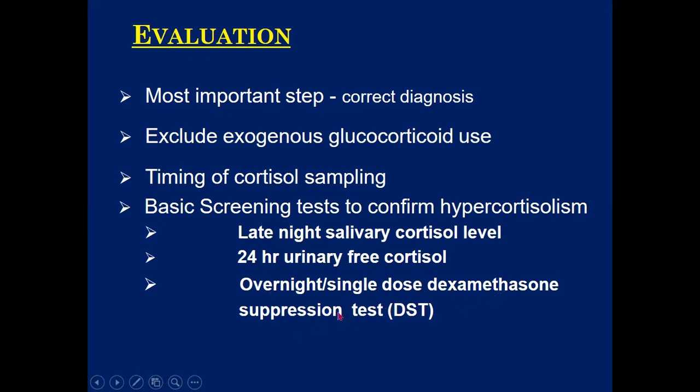In this test, we just give one tablet of dexamethasone and measure the level of the cortisol next day at 8 a.m. If there is suppression, then it can be documented that the patient is not having Cushing syndrome. If there is no suppression, then we have to find out the cause from where it is increased, which is the basic reason, that either it's the adrenal, it's the pituitary, or it's some ectopic form.